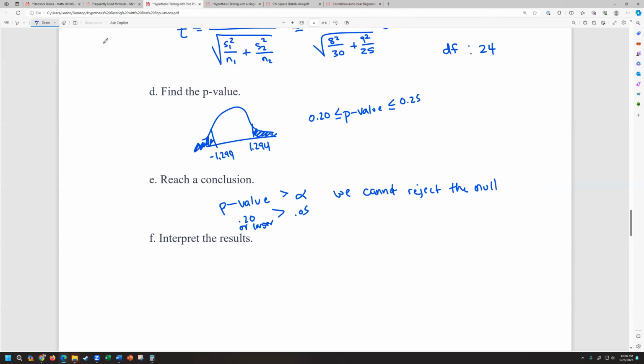Okay, so we write our interpreting statement about that. We would say the data is not significant at the 5% level.